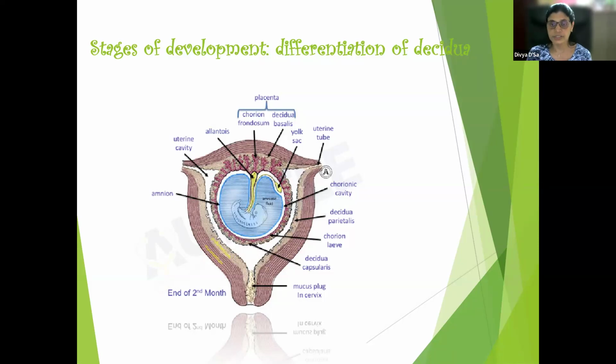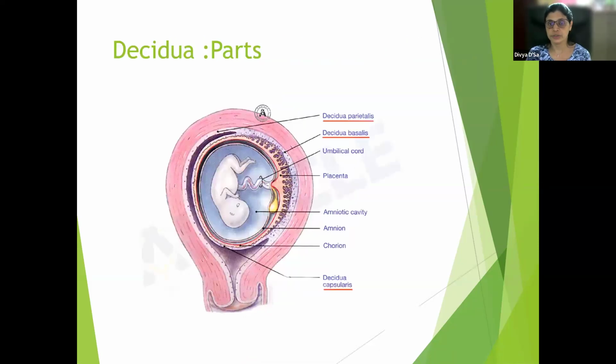So this is the decidual reaction, with these 3 parts: decidua basalis, decidua parietalis, and decidua capsularis. This is the formation of the maternal part of the placenta. The decidua basalis is the maternal part.